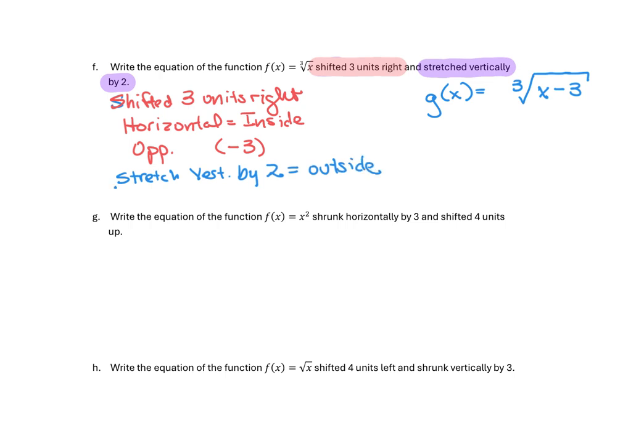And because it does say stretch, remember this is going to be multiply by 2. And remember, we do exactly what it says when it's vertical. And so we're going to have 2 on my outside, and then we have the cube root of x minus 3. This is our final answer.